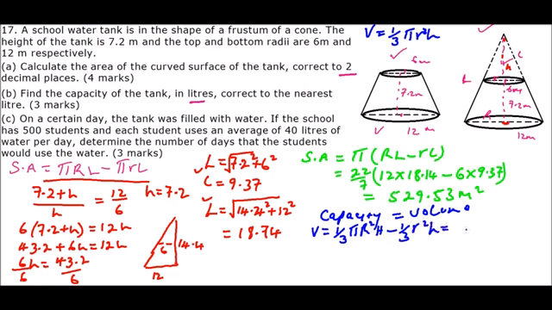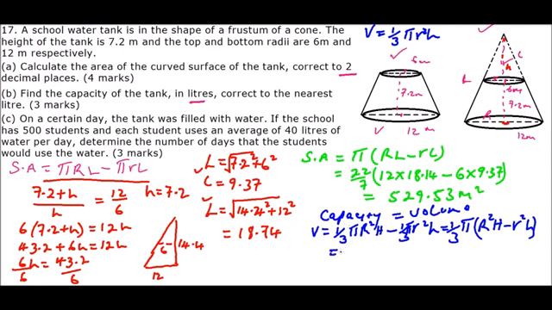We can factor out one third pi, and we are left with the radius of the big cone squared multiplied by the height of the big cone, minus the radius of the small cone squared multiplied by the height of the small cone.